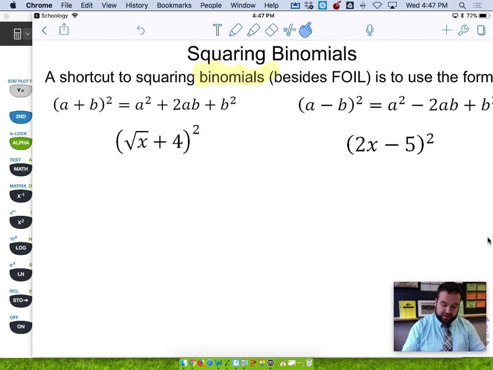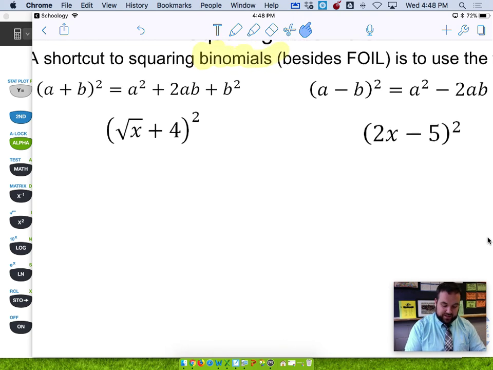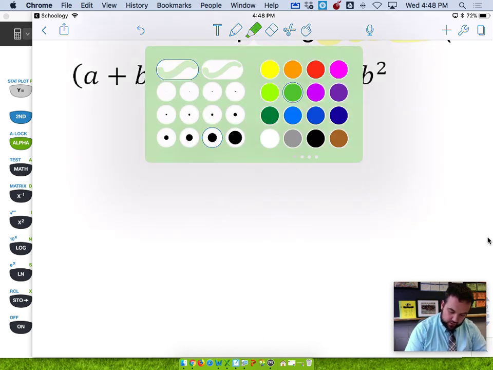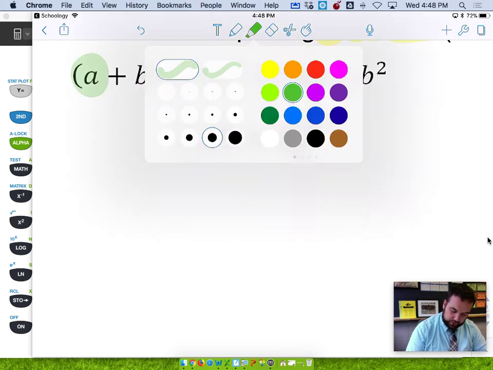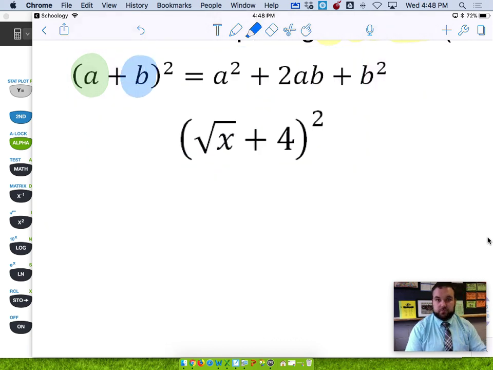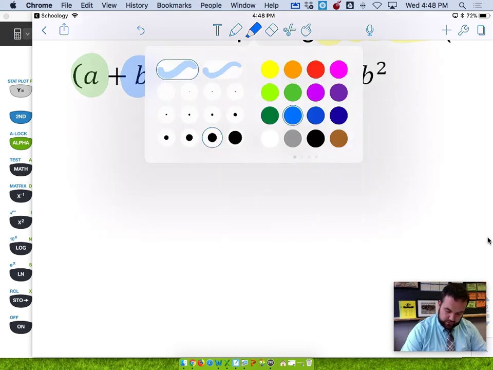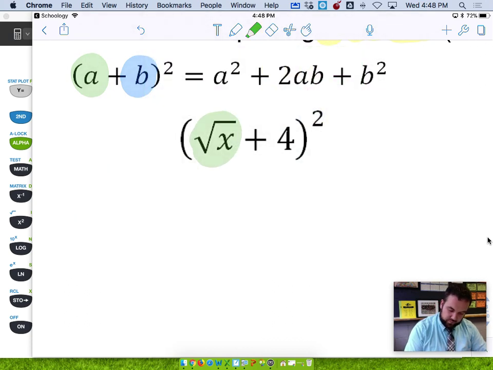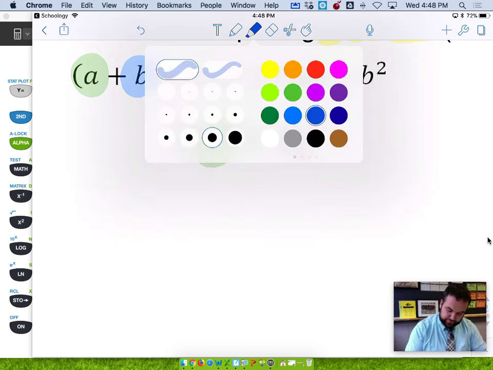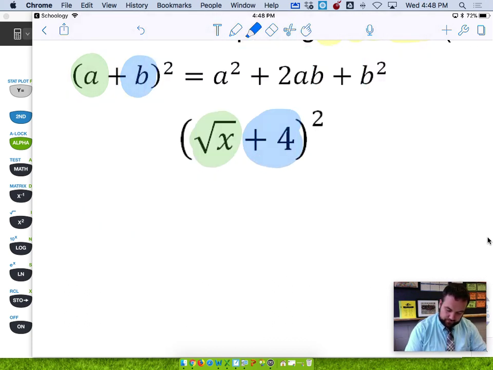One shortcut that is kind of nice is that if you are trying to square, let's call it a plus b, so some term plus another term. In this case, square root of x would be what we call a, and the positive 4 is what we would call b.